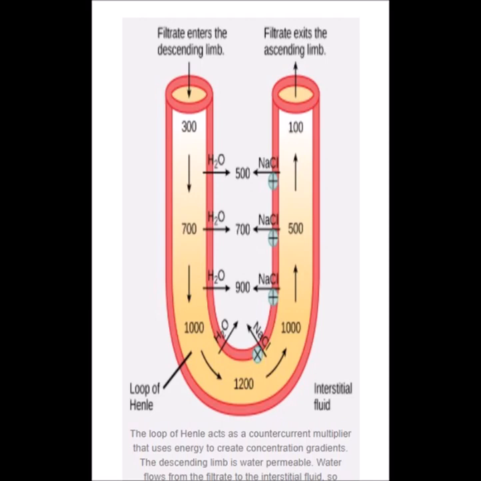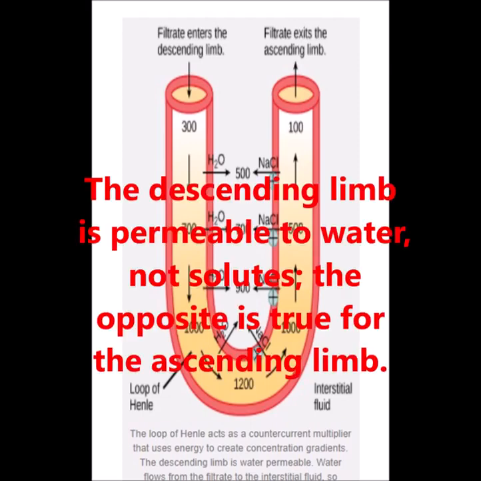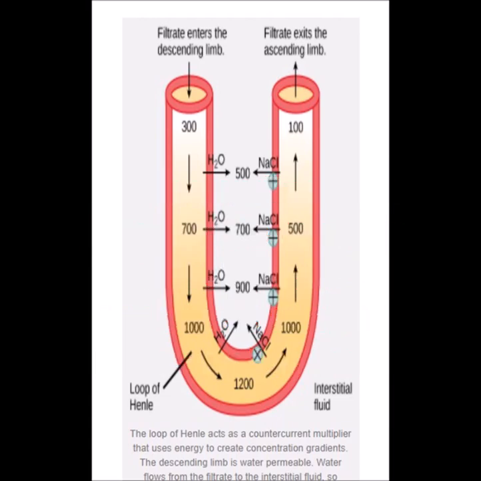In the loop of Henle, the permeability of the membrane changes. The descending limb is permeable to water, not solutes. The opposite is true for the ascending limb. Additionally, the loop of Henle invades the renal medulla, which is naturally high in salt concentration and tends to absorb water from the renal tubule and concentrate the filtrate.